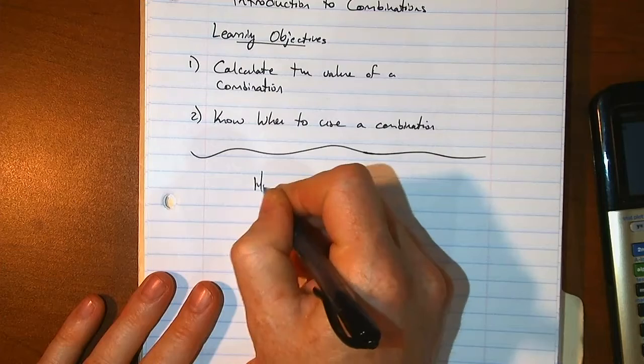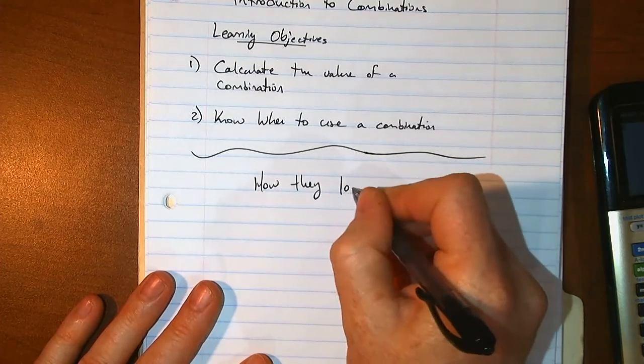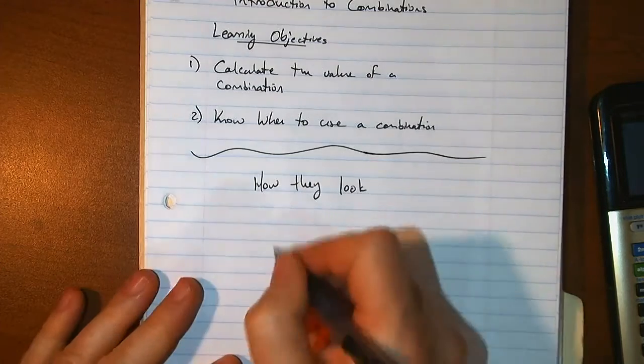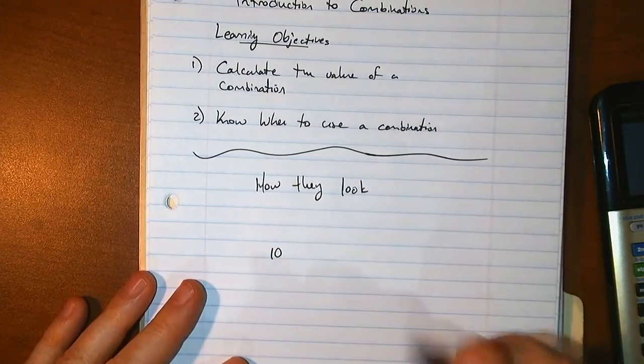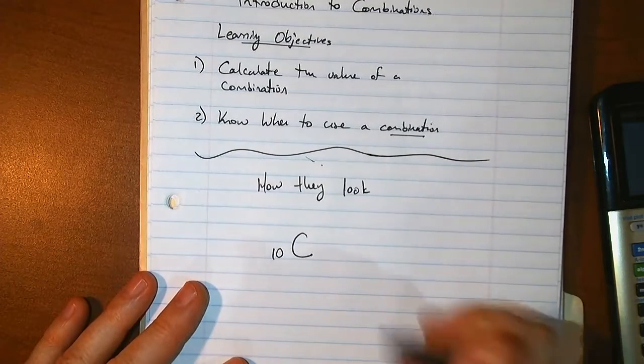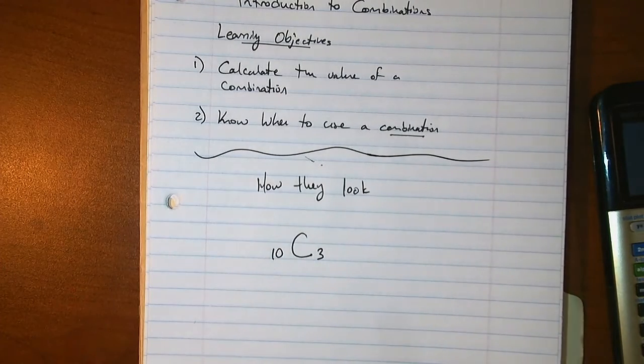So here's how they look when you're using a calculator. The first thing is you're going to have a number. And then because it's a combination, you're going to have a large letter C. And then you're going to have another number. Notice that the notation is very, very similar to what it was when we did permutations.